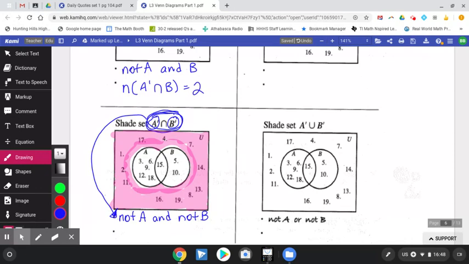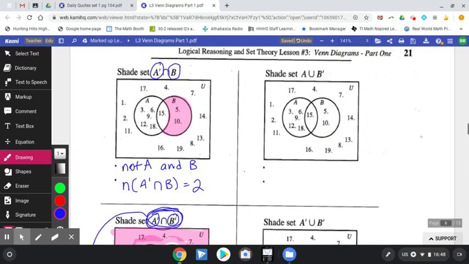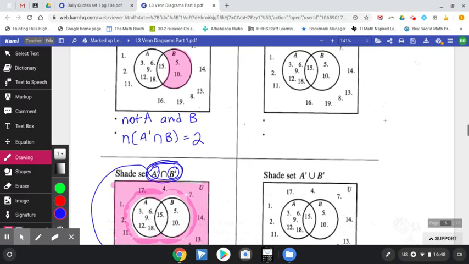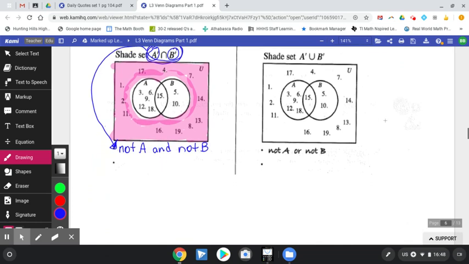It would have to go out here in this pink region. And if we look at the one above, if I had an element and it was not A and it is B, this pink area is where I would put it. So doing an intersection, if you put it into words first, that will help you figure out what part of the diagram we're looking at. And here, with the number of elements, I go and count them up. There are 11 elements in the pink region.